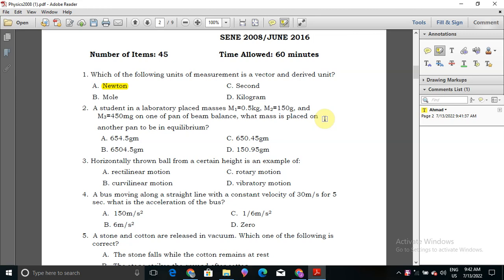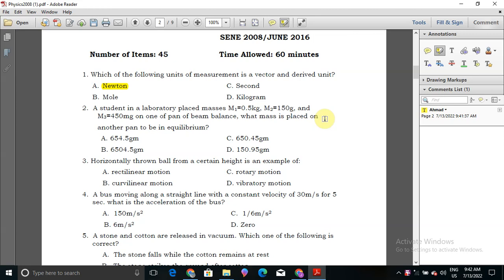Now we have 3 masses, right? And we want the mass placed on the other pan to be in equilibrium. The choices are in gram, so we will convert the masses in the question into grams.